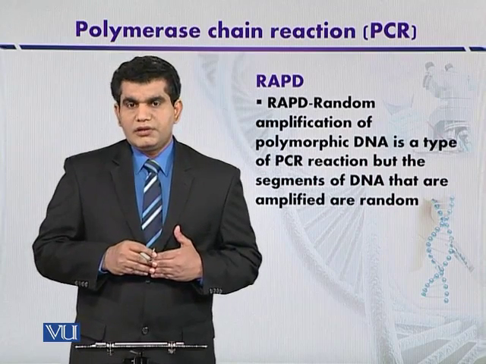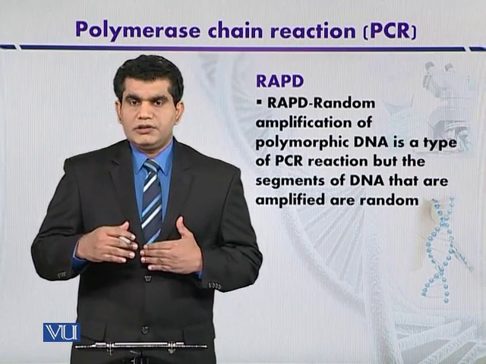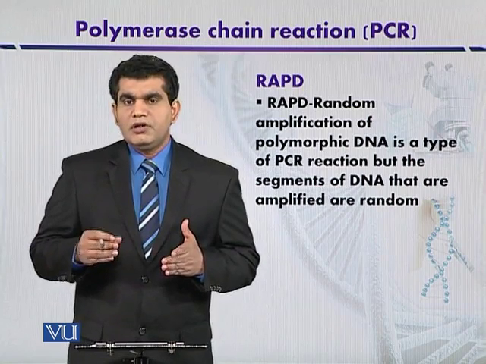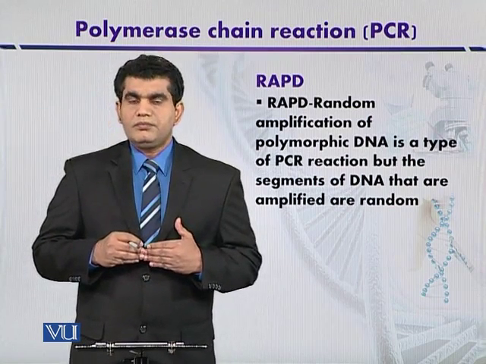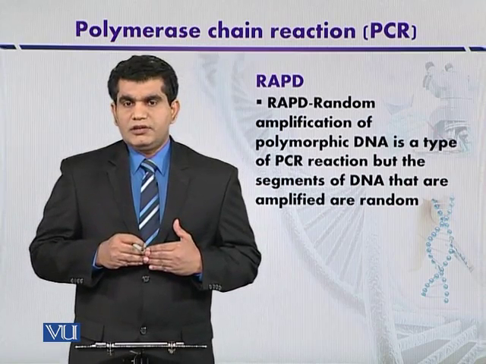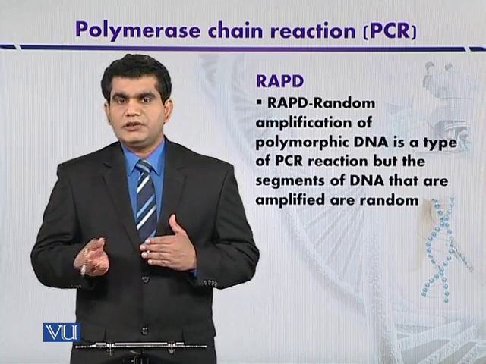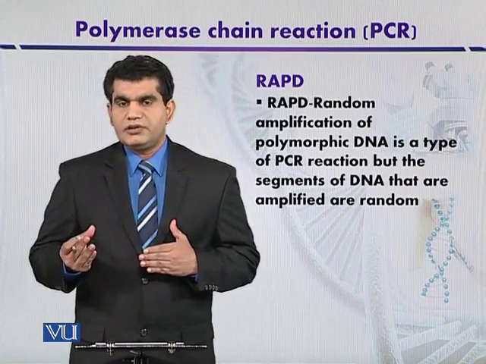Initially it was thought that this technique is a very good technique to find evolutionary relationships, but it has certain limitations. The first limitation is that it cannot differentiate whether the allele that has been amplified is homozygous or heterozygous.